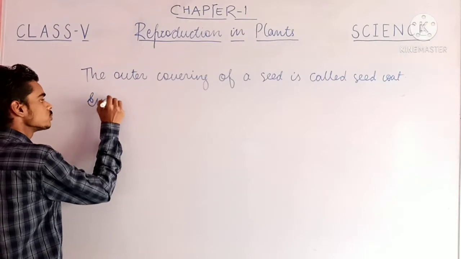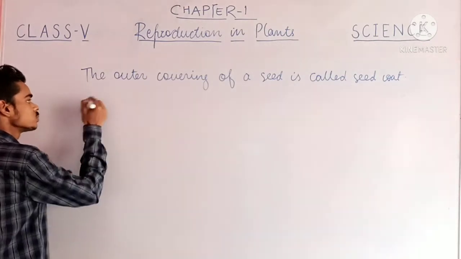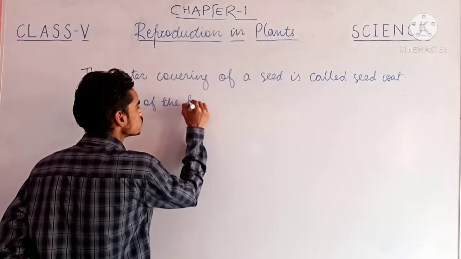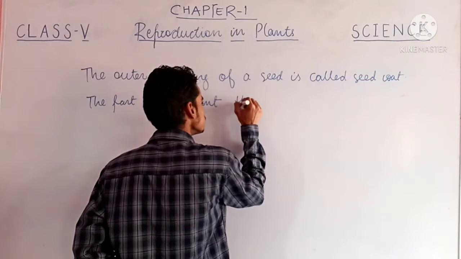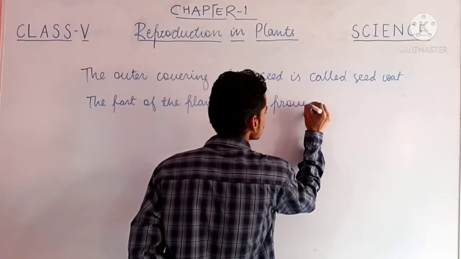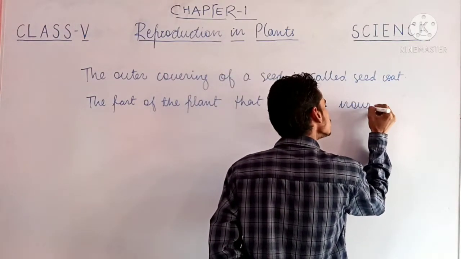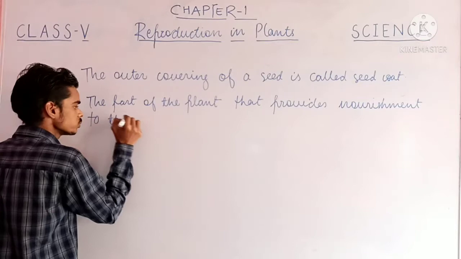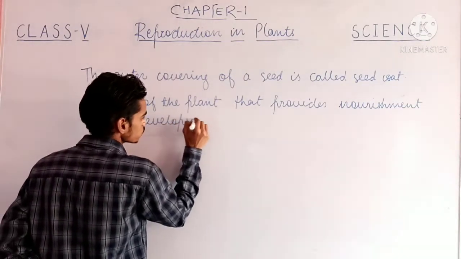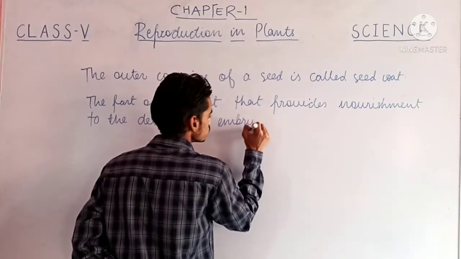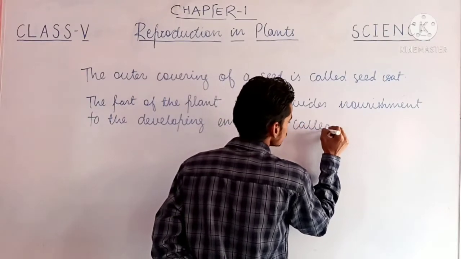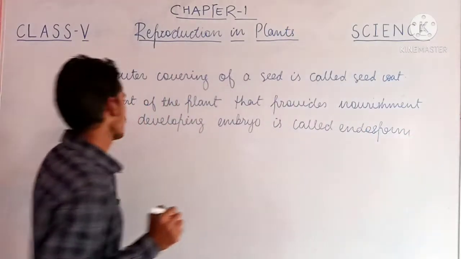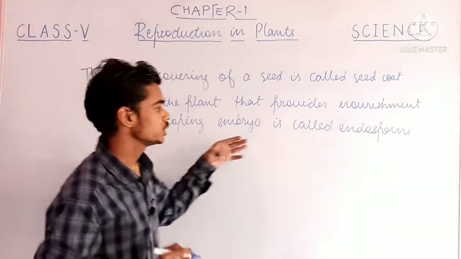Endosperm. The part of the plant that provides nourishment to the developing embryo is called endosperm.